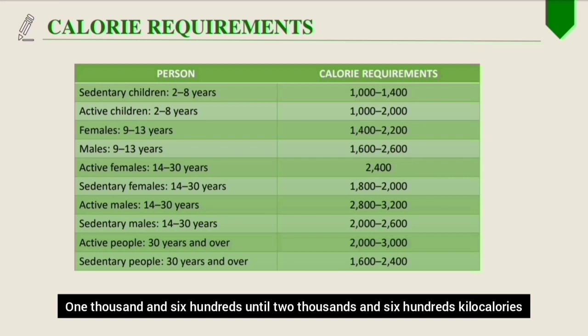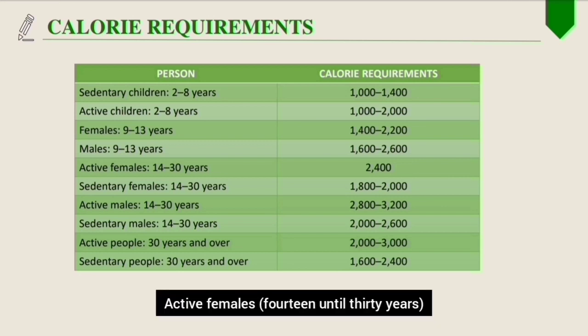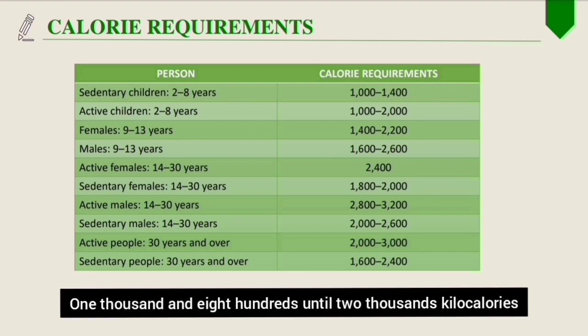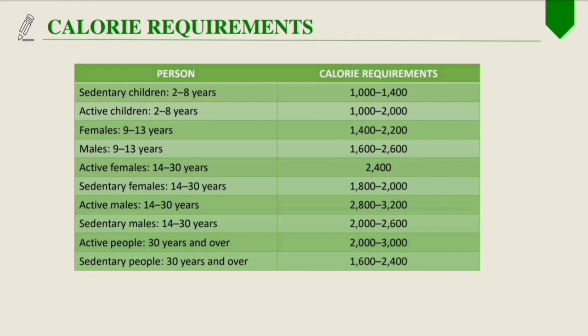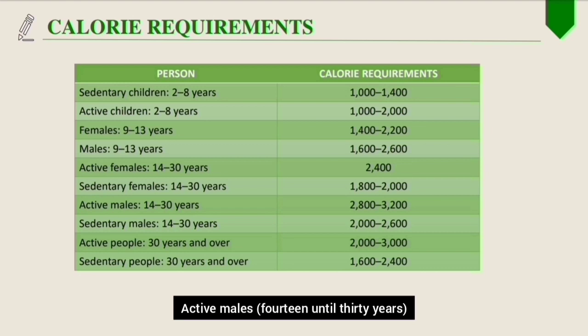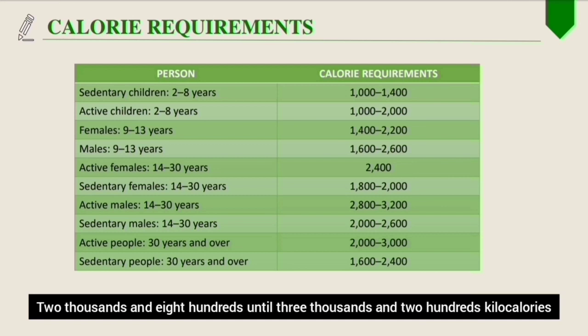Active females 14 until 30 years, 2400 kilocalorie. Sedentary females 14 until 30 years, 1800 until 2000 kilocalorie. Active males 14 until 30 years, 2800 until 3200 kilocalorie.